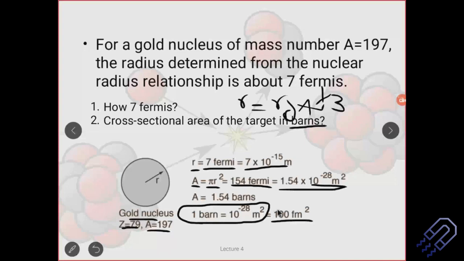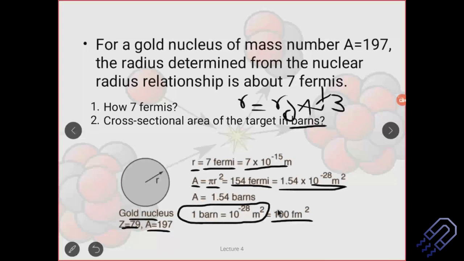So the nuclear unit is 1 fermi, and 1 fermi is 10 to the power minus 15 meters. Then what Rutherford did was he had a 6 MeV alpha particle, and this was scattered from the gold foil. The velocity plays a very important role.